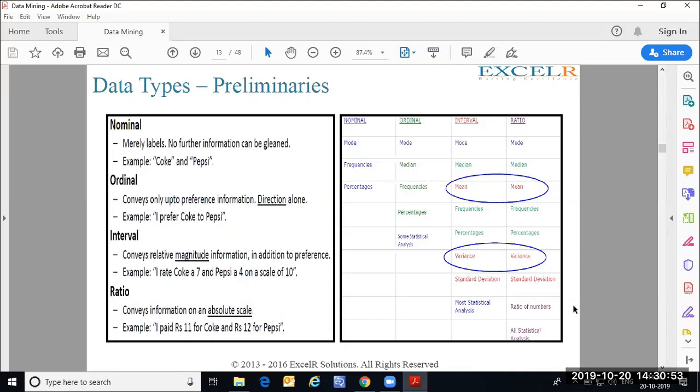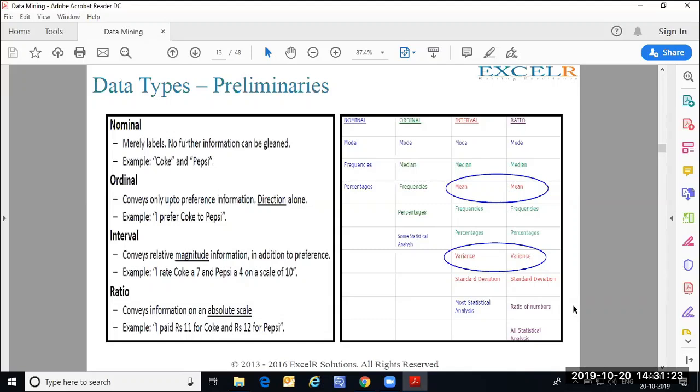Right? Well, even that is not good enough for us to be able to draw a conclusion by comparing different products, different services we examine. Moving from nominal to ordinal to interval, it brings a magnitude with respect to the comparison.